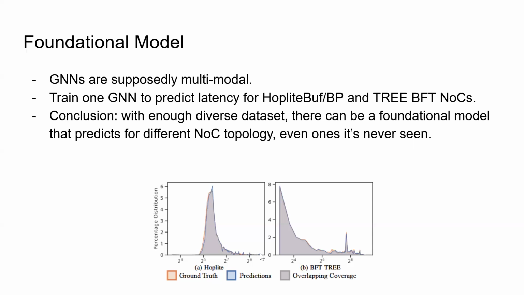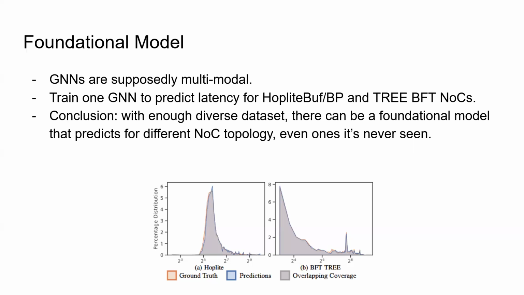For each latency, you mark how long the latency is in cycles, and what percentage of the data set has that particular latency. They're saying it covers well even in these two cases. They're basically saying BFT tree's latency is very different from Hoplite's latency, and it does well to predict both of these.